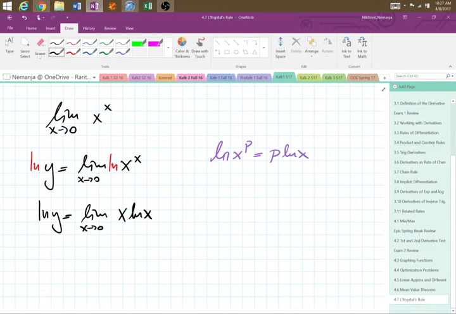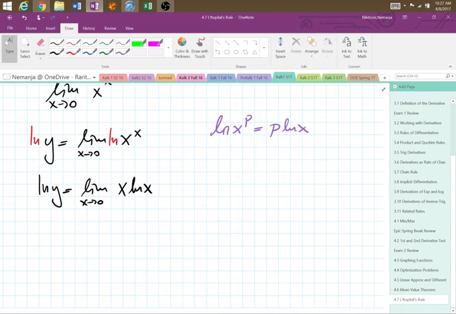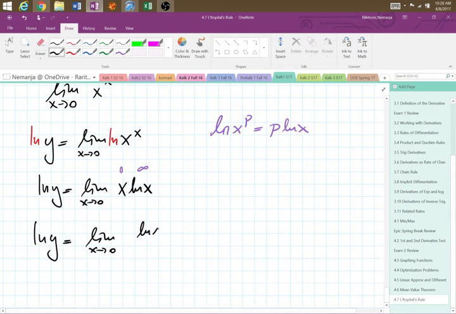Once we achieve that, we check and we have 0 times infinity. 0 times negative infinity, but it's the same thing. So ln y is equal to the limit x goes to 0 of ln x divided by 1 over x. And if you carefully observe now, you have infinity over infinity, which is good for L'Hopital's rule.